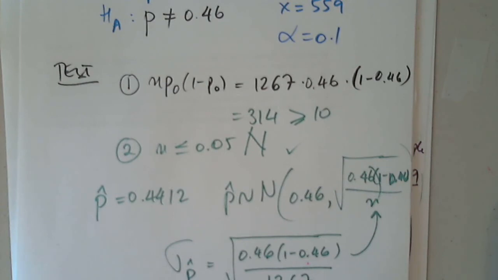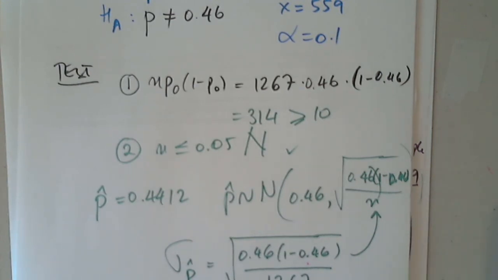I'm going to do it again to see why. So stats, proportion stats, one sample, with summary. We're going to look at two samples next week. 559.